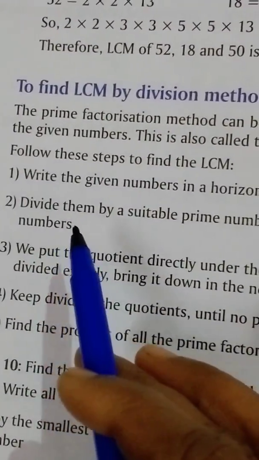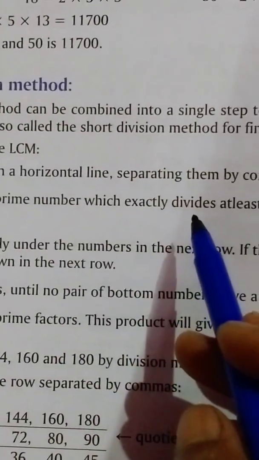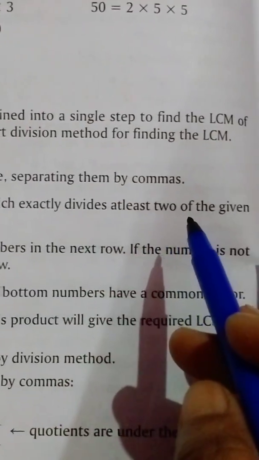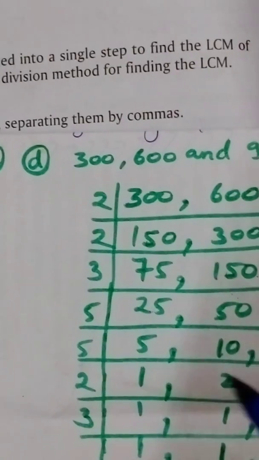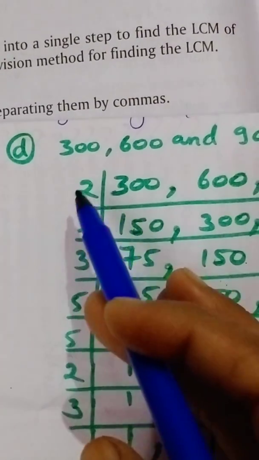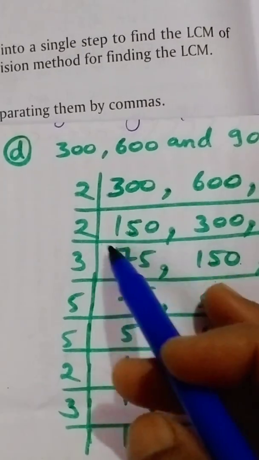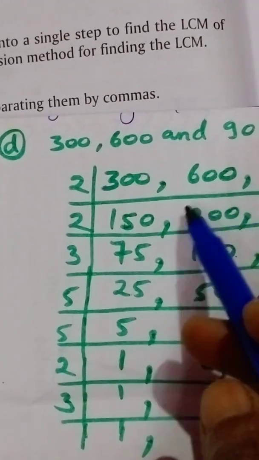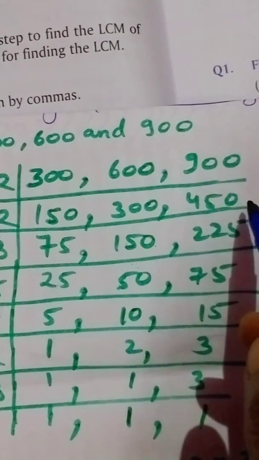Next step, divide them by a suitable prime number which exactly divides at least two of the given numbers. Now we have to divide by 2, which is a prime number. Divide by 2, its quotient is 150, its quotient is 300 and its quotient is 450.